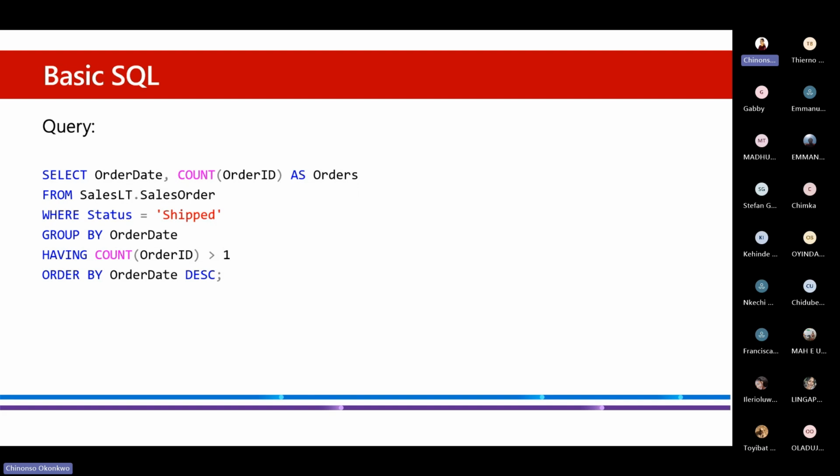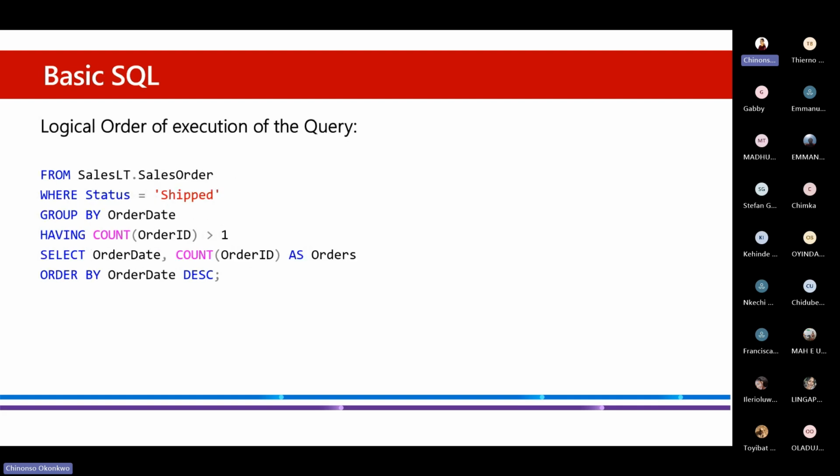Now, let me take you back to what I was saying. When I was writing queries, whenever I got to this having part of the query, I would be tempted to think, okay, count order ID is represented with orders here, right? Let me just drag my orders and put it here and do greater than 1. And most of the time it didn't work and I didn't understand why. And this is why I wanted to explain the order of execution, which we're going to move to next.